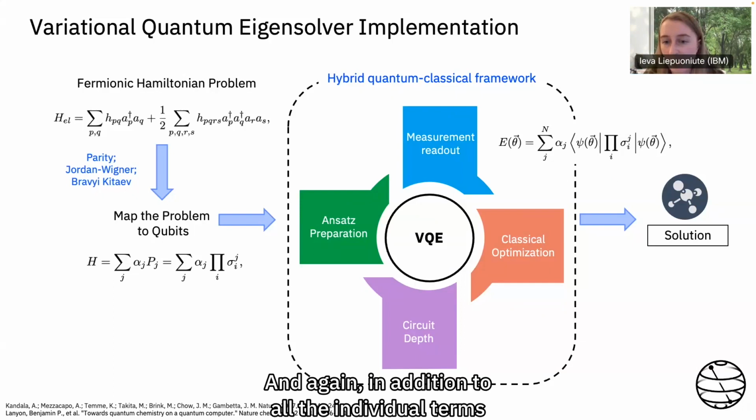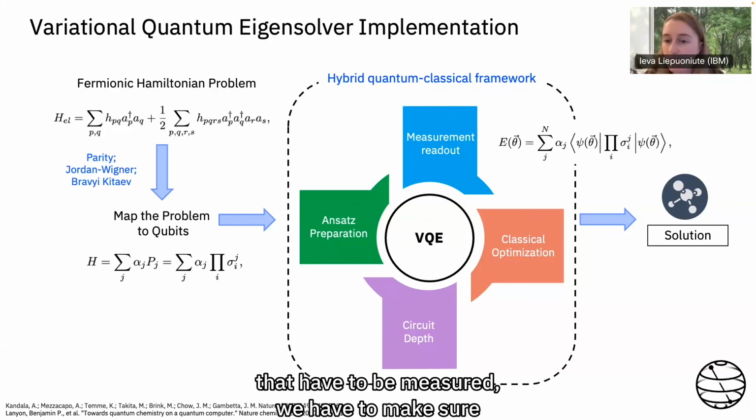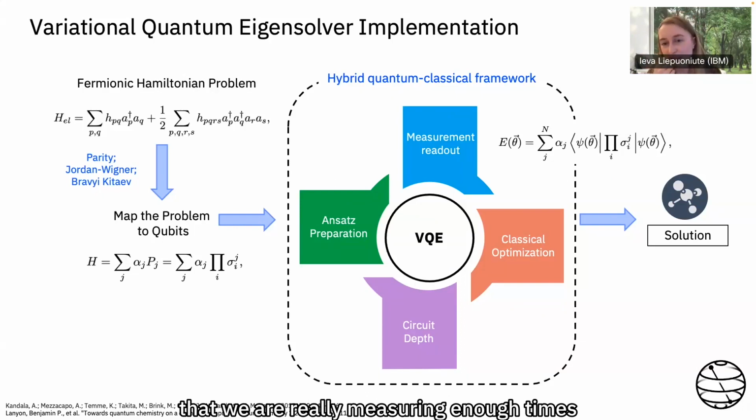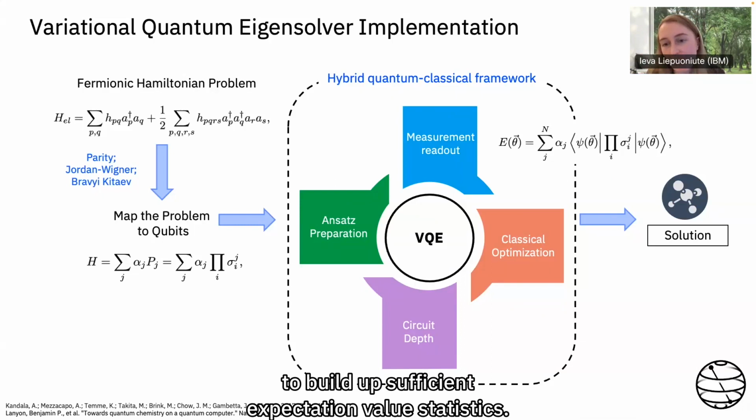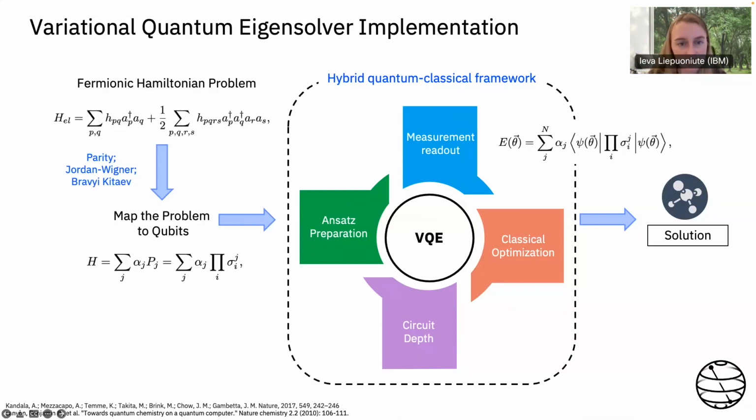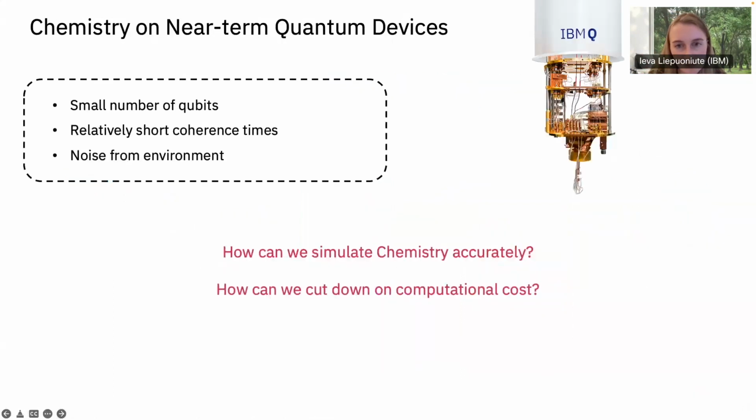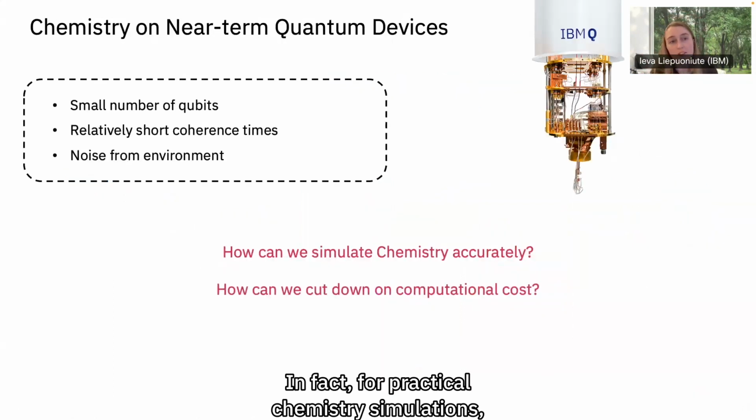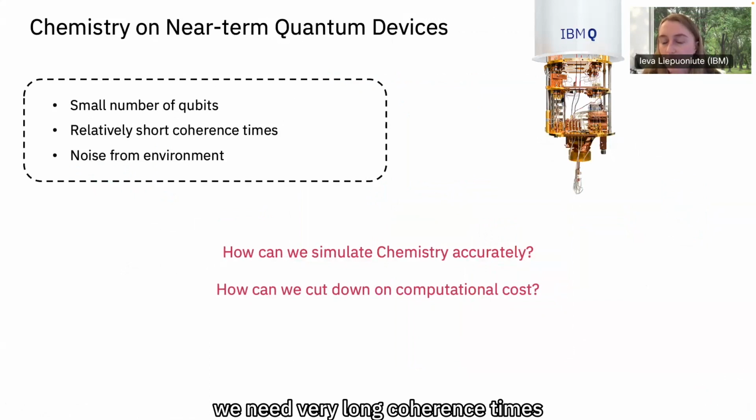And again, in addition to all the individual terms that have to be measured, we have to make sure that we are really measuring enough times to build up sufficient expectation value statistics. In fact, for practical chemistry simulations, we need very long coherence times and access to deep circuits.